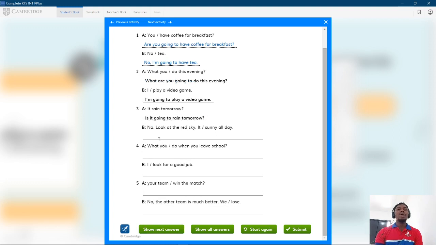Okay. No. Look at the red sky. It is going to be sunny all day.